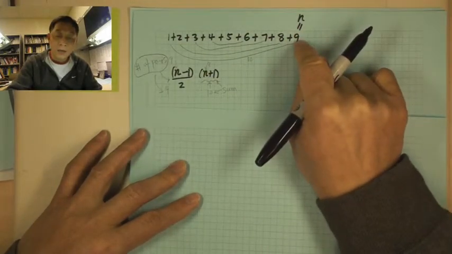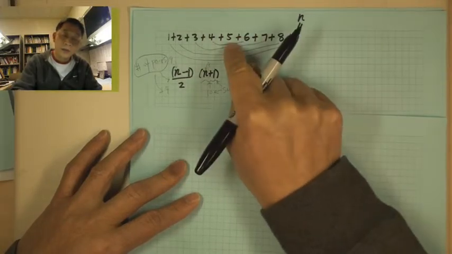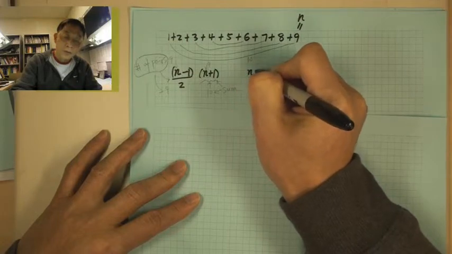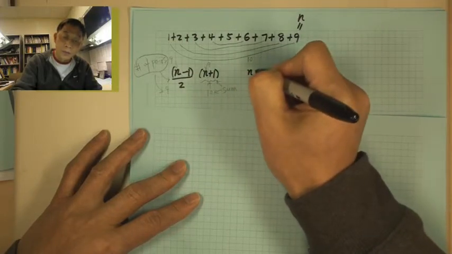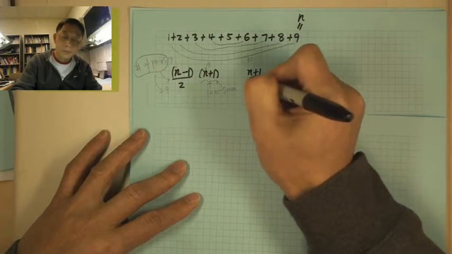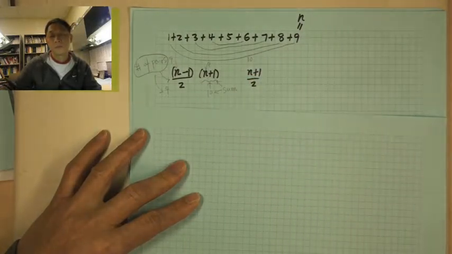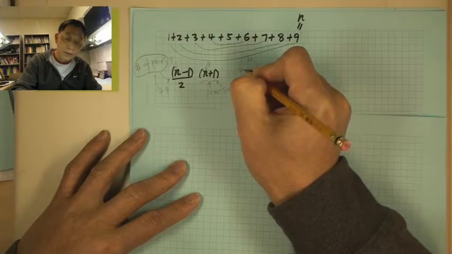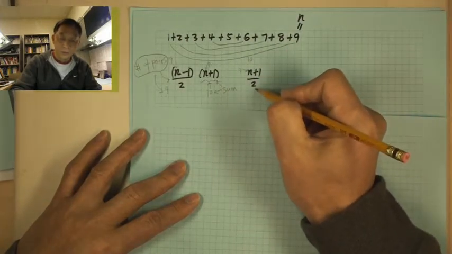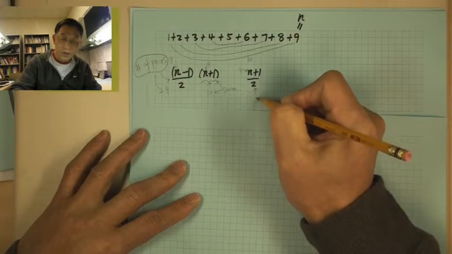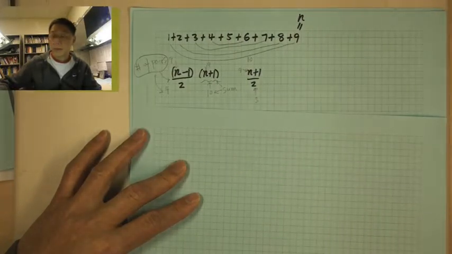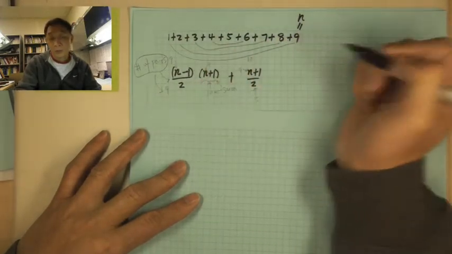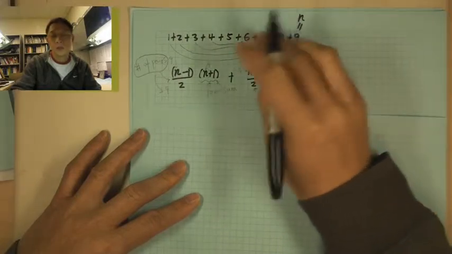If n is 9, how did we get 5? 5 is n plus 1 divided by 2, where n is 9. Then you add together, and you know how to do that.